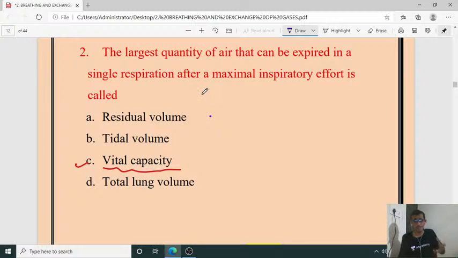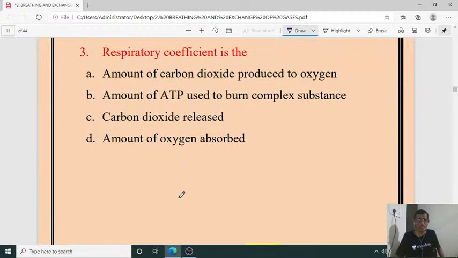After taking maximum air through inspiration, the largest quantity of air that can be expired out, the total capacity, is called the vital capacity of the lungs. So the right answer is C.